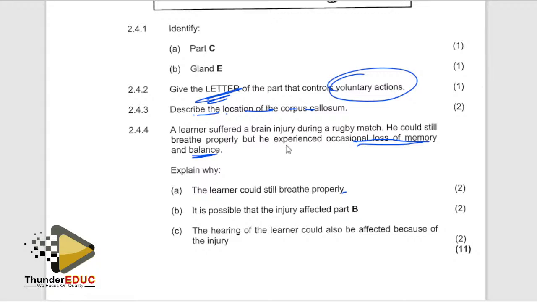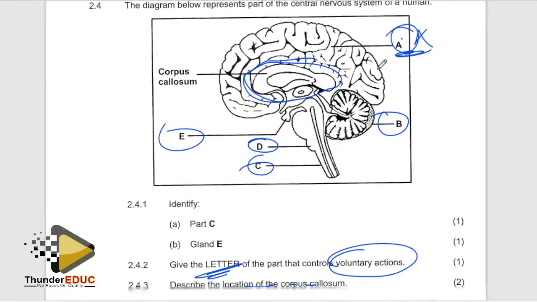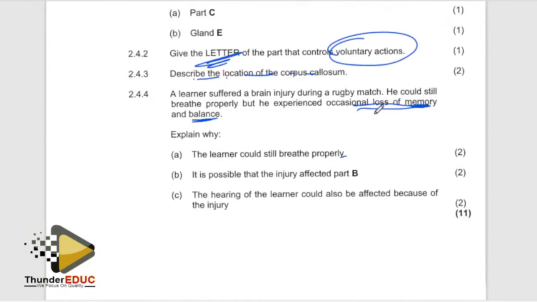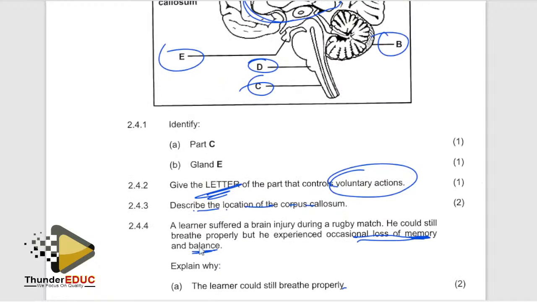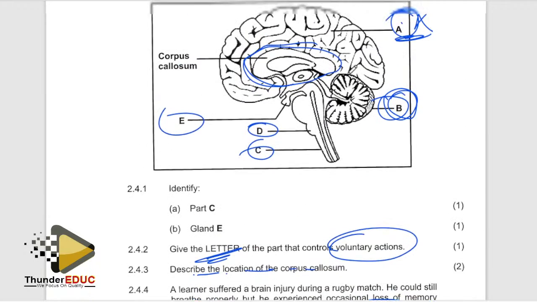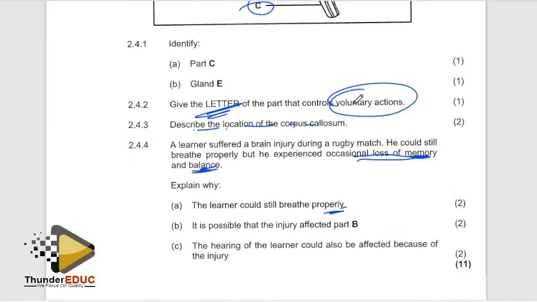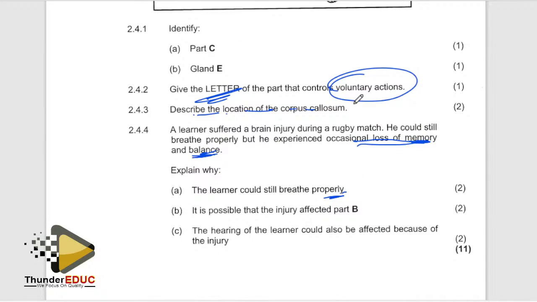Occasional loss of memory means that part A is being damaged. And the balance is the cerebellum. Breathing is not controlled by these parts. It's controlled by the medulla oblongata, meaning the medulla oblongata was still working properly.